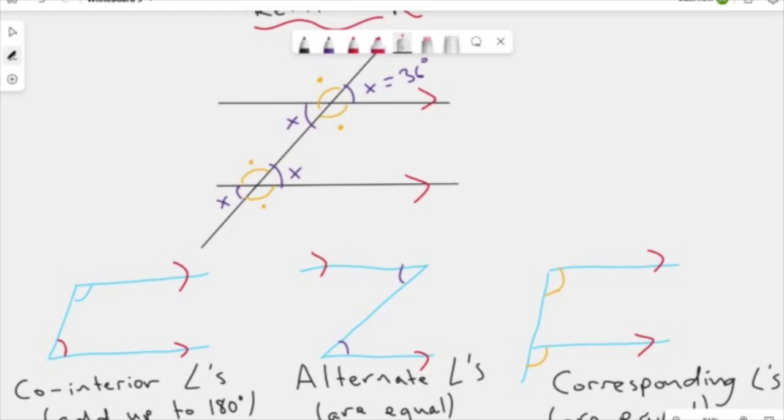Corresponding angles, making an F shape. Sorry, I keep saying F shape or Z shape or whatever, but they're kind of like letters. This F letter shape produces corresponding angles, which are also equal.